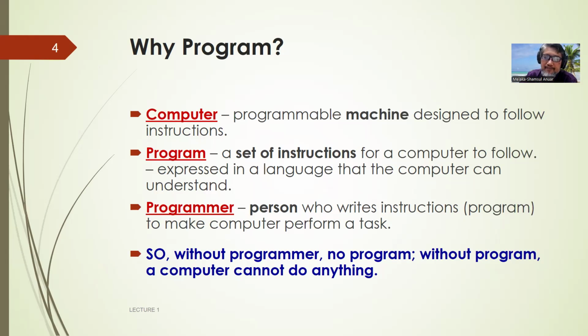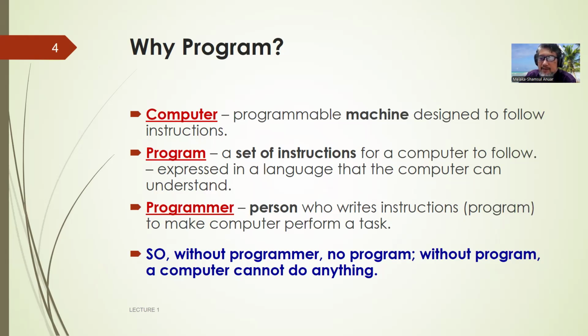Okay, and then a program is a set of instructions for the computer to follow. And because we humans speak a different language than the machine, the programming language is a way for us to communicate between human and the machine.